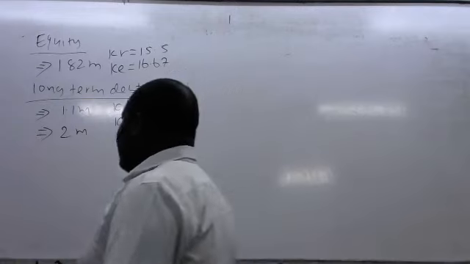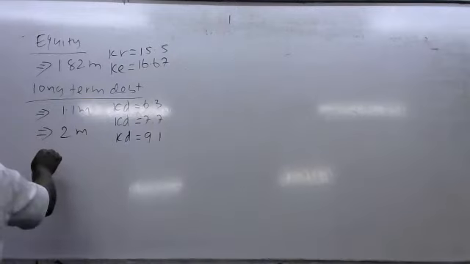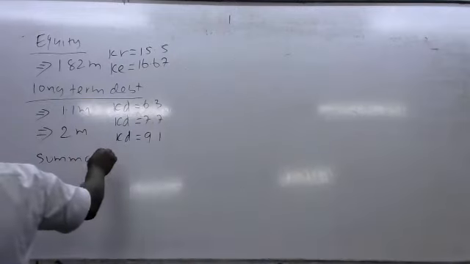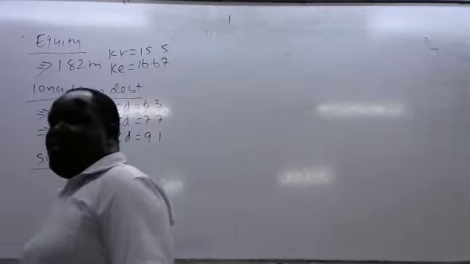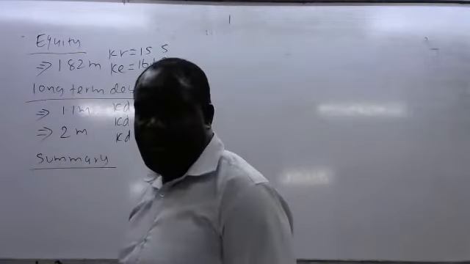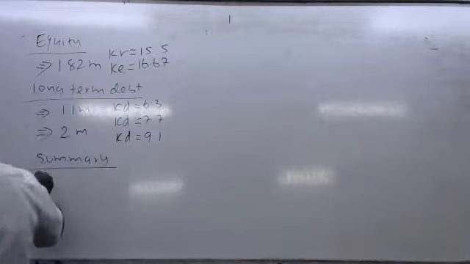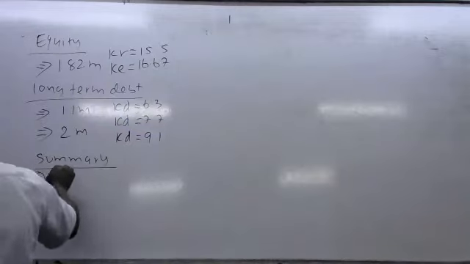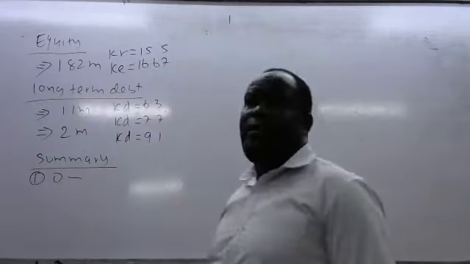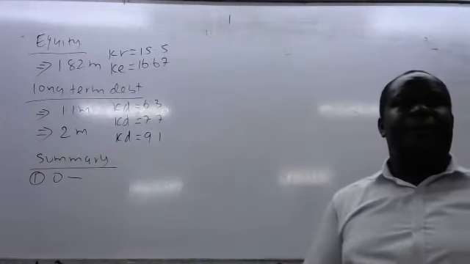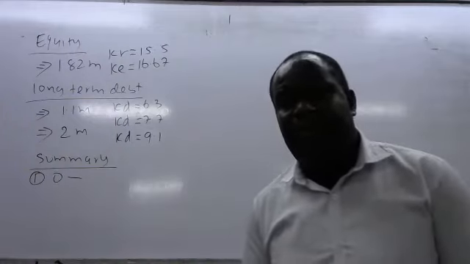When you want to get the summary from that point, we normally get the range from there. The first one normally starts from 0 to the lowest breakpoint.